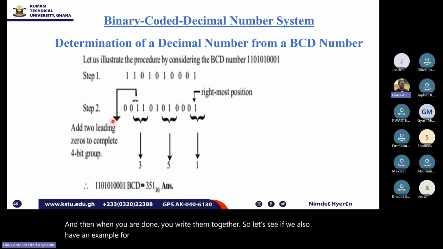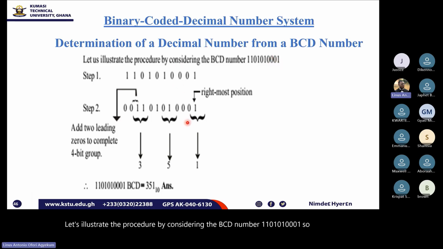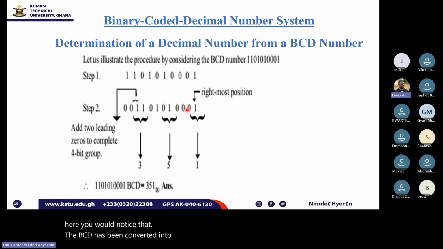So here, let's illustrate the procedure by considering the BCD number 1101010001. So here, you would notice that the BCD has been converted into what? 4 octets.